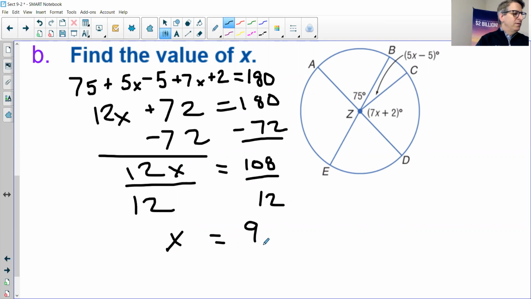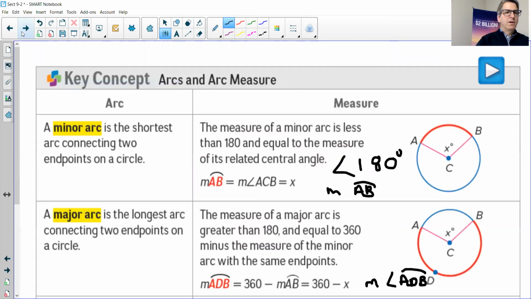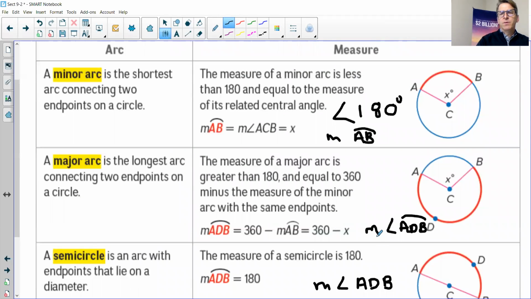Next up, 9.2, page 3 notes. We're going through what is called a minor arc, a major arc, and a semicircle. This is a fairly simple concept. A minor arc is the shortest arc connecting two endpoints on a circle. The measure of a minor arc is less than 180 and equal to the measure of its related central angle.